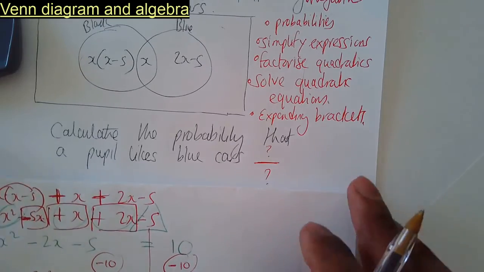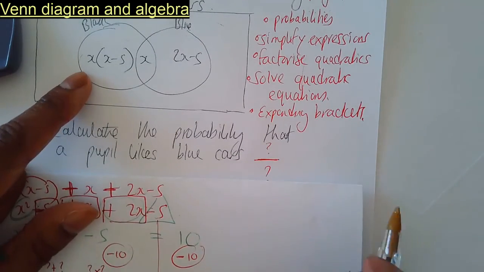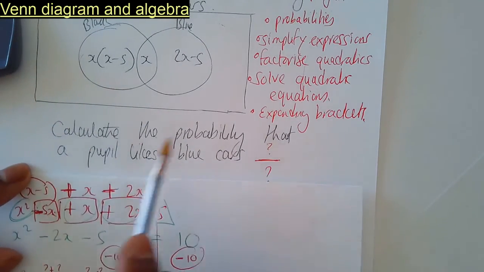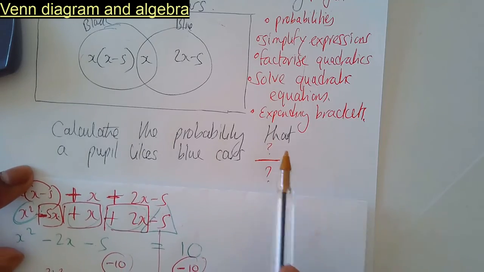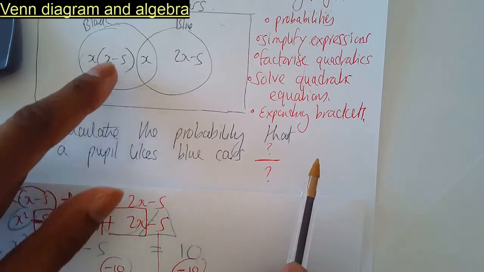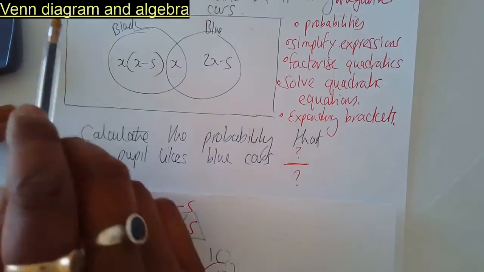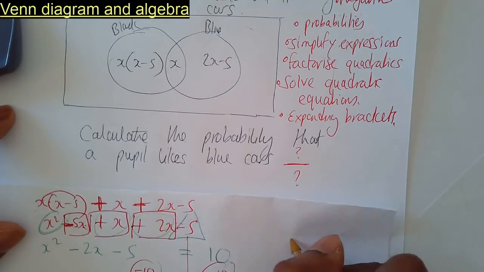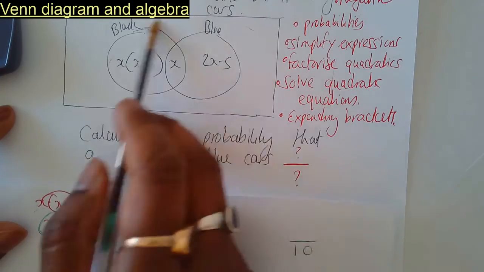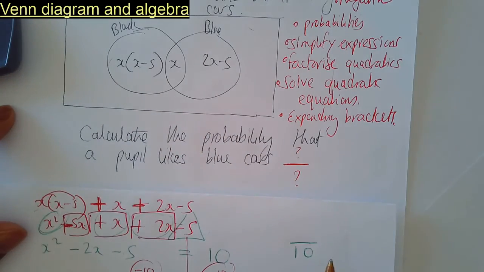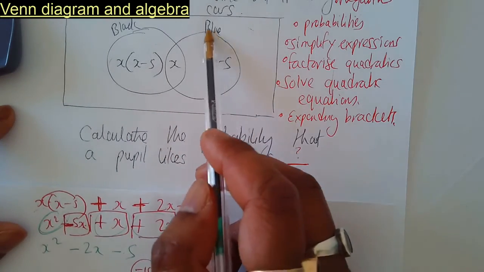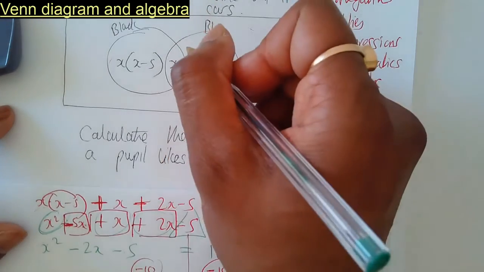So now if you replace x equals 5, what are we trying to work out? Calculate the probability that a pupil likes blue cars. Well, let's find out how many pupils there are altogether. We know there are 10 people altogether, so that's the denominator. There are 10 in total. But how many like blue cars? So we're talking about everything in here.